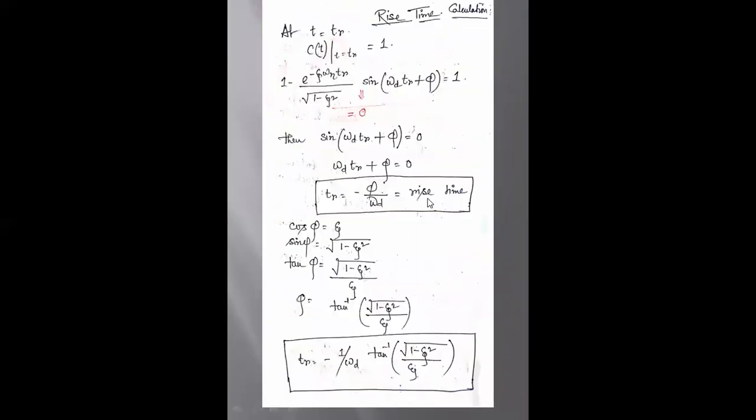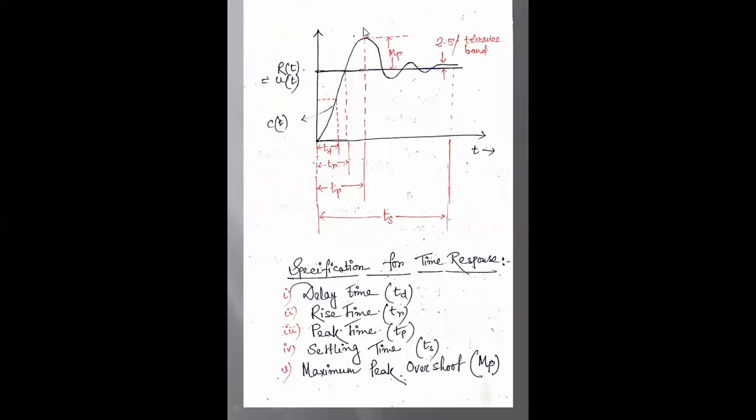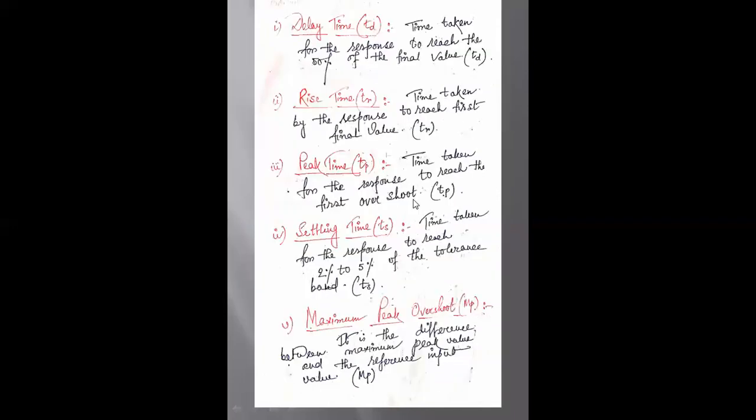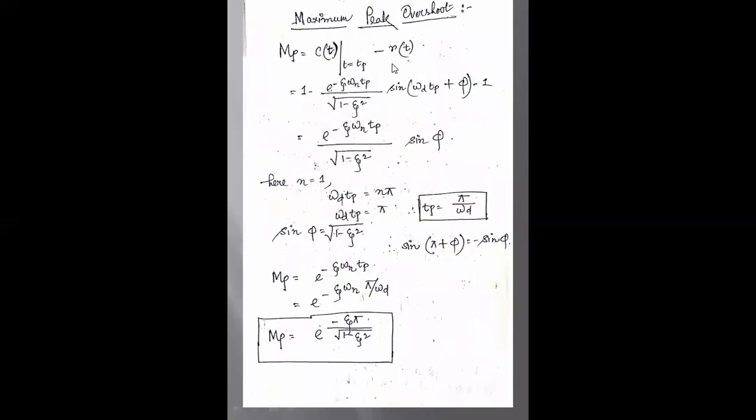So at t equal to Tp, that is the peak time, what is the value of that graph? Output at t equal to Tp minus r(t), that is 1. Just putting those values, we are finding this equation.